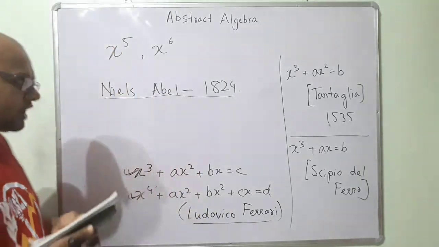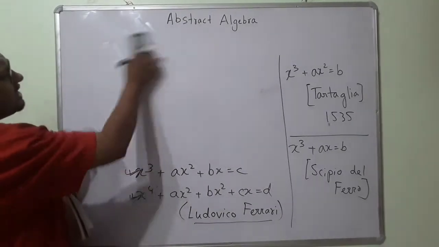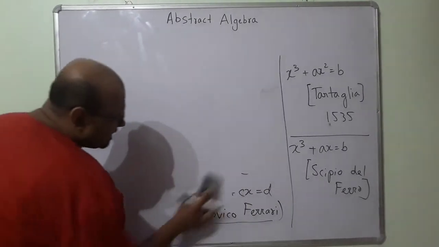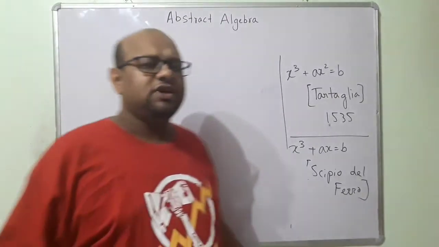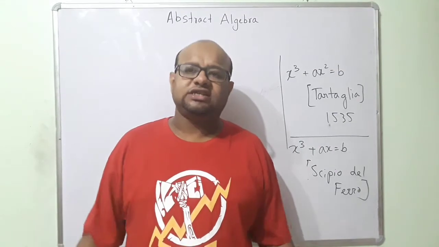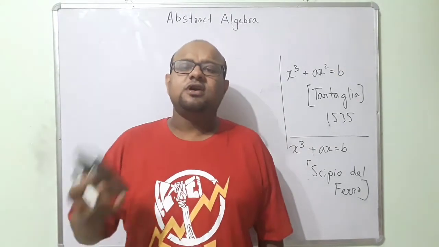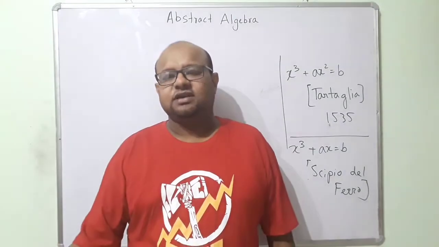Later on, people started doing algebra on lots of other forms of things. For example, people started doing algebra on matrices. You have studied that. You have studied how to do addition of matrices and multiplication of matrices. So that was one matrix algebra that started.